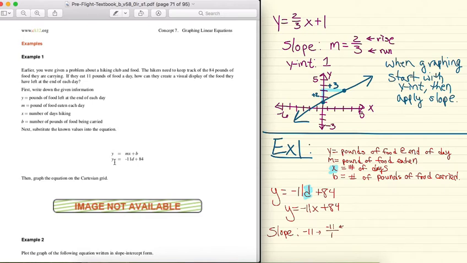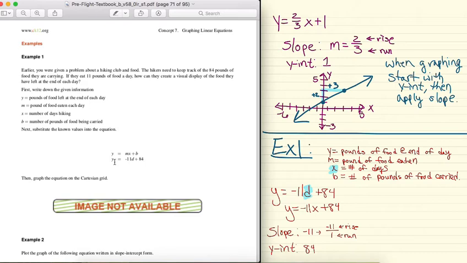So then that's telling me my rise is a negative 11 and my run is a positive 1. My y-intercept, according to this equation, is 84, meaning I'm going to cross the y-axis at a positive 84. So I'm going to use this information to graph this negative 11x plus 84.